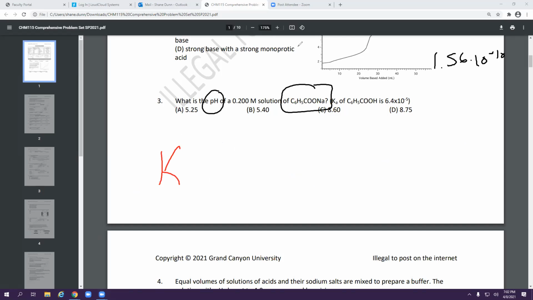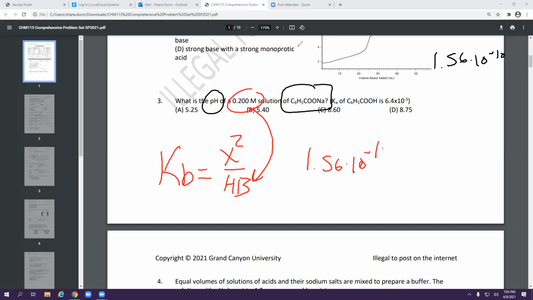So Kb is equal to the same thing, X squared technically over the concentration of the base, right? So we have 1.56 times 10 to the negative 10th is equal to X squared over the concentration. Okay, what do I do? How do I solve for X?